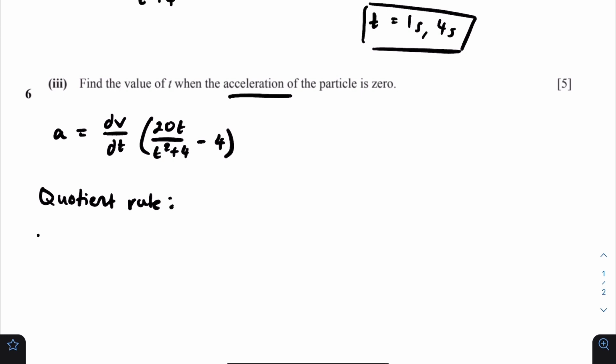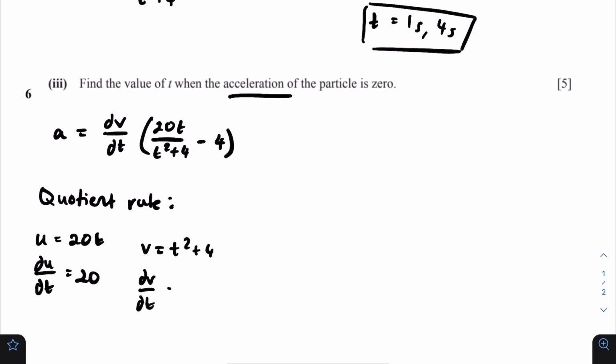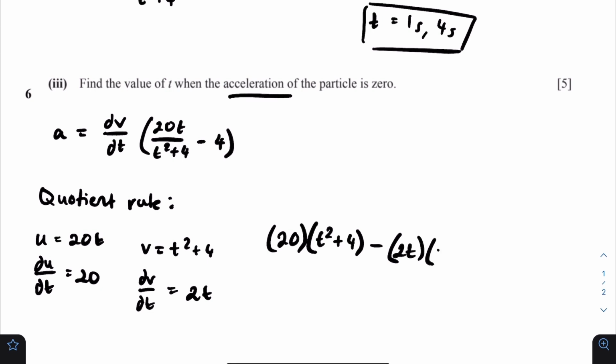So let's say u is equal to 20t. du over dt is equal to 20. Then our v will be the denominator, which is t squared plus 4. Then dv over dt is equal to 2t. Now we just substitute your values into the quotient rule, which is the derivative of u with respect to t, which is 20, times v, which is t squared plus 4, minus the derivative of v, which is 2t, times u, which is 20t, over v squared, which is t squared plus 4 squared.